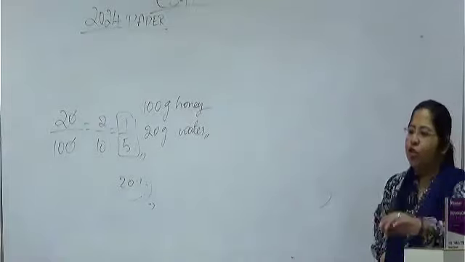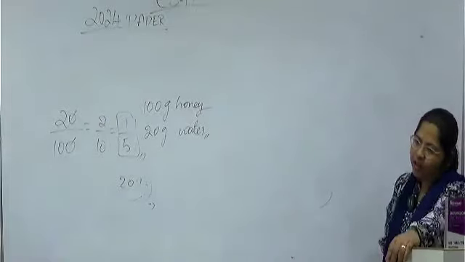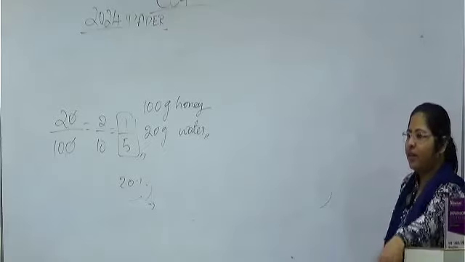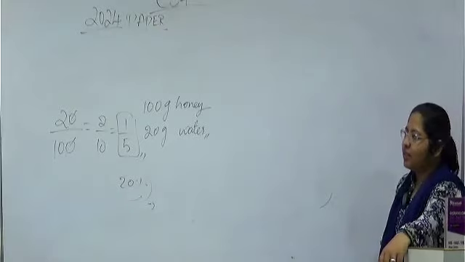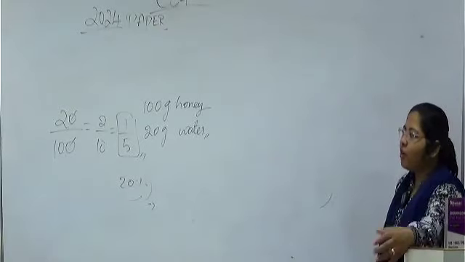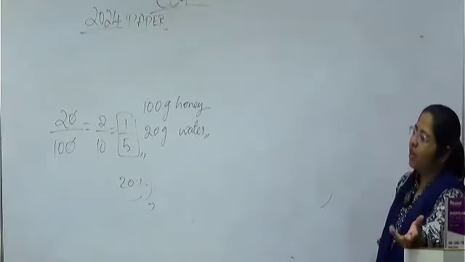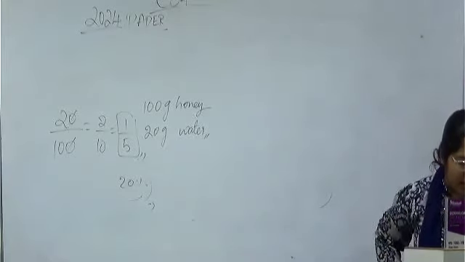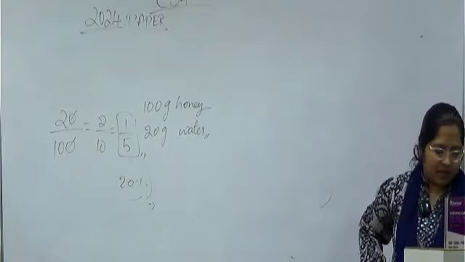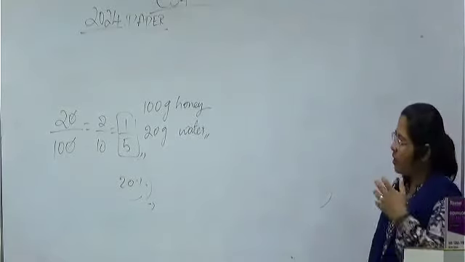What percent of water should you mix? 20% of water to get 20% profit. That's all, nothing else is there. To get 20% profit, you mix 20% water. It's not 5 or anything else.